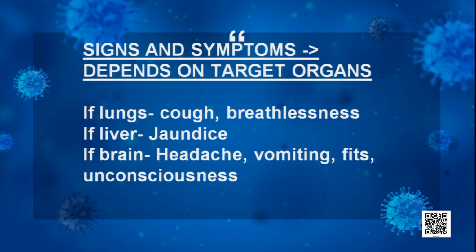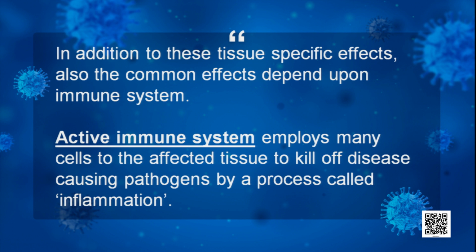Similarly, if the brain is the target organ, then you may have symptoms like headache, vomiting, fits, unconsciousness. In addition to these tissue specific effects, some common effects are also there, and they depend upon the ability of your immune system. So here comes a new term, that is the immune system.